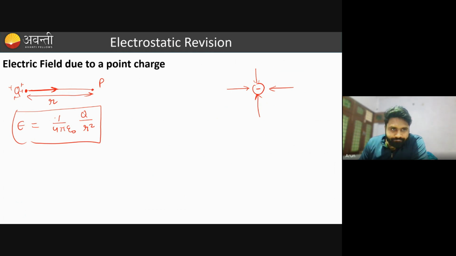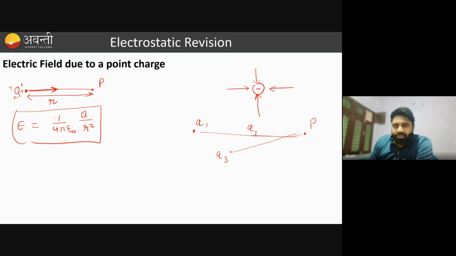If there are multiple point charges, let's say Q1, Q2, Q3, and we have to find the electric field at point P due to this system of charges, that will be given by the principle of superposition: E vector net is equal to E1 vector plus E2 vector plus E3 vector.